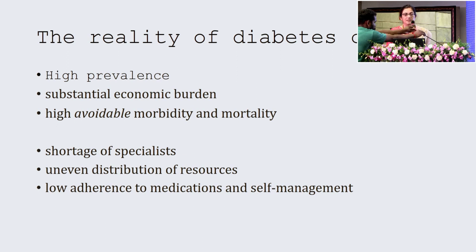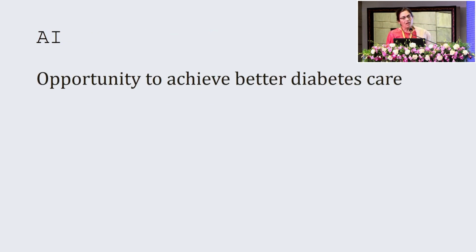There is a shortage of specialists, and there is an uneven distribution of resources. And then the patients, it's a lifelong condition. The low adherence is not only a patient factor, but it's a systemic factor, because we are not able to support them to the extent required for them to self-manage their condition. So AI in this setting gives us an opportunity to improve diabetes care.